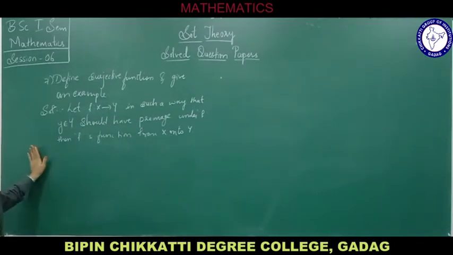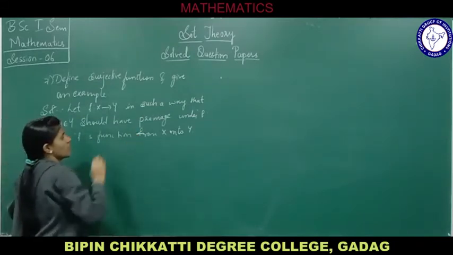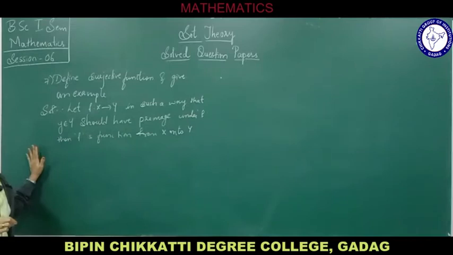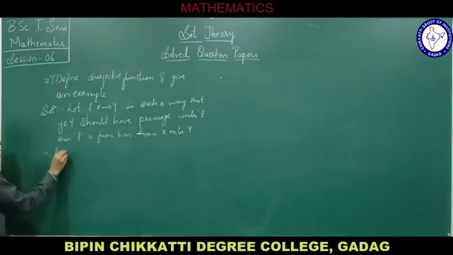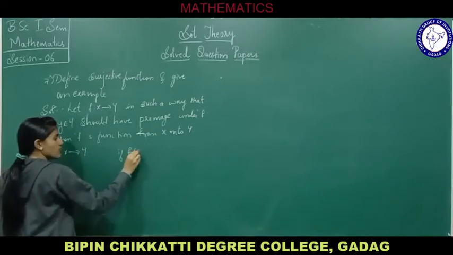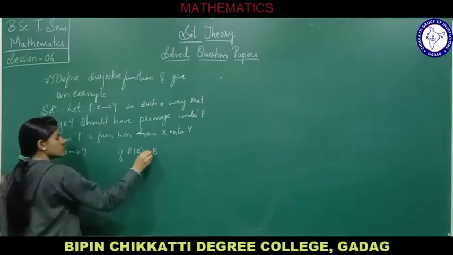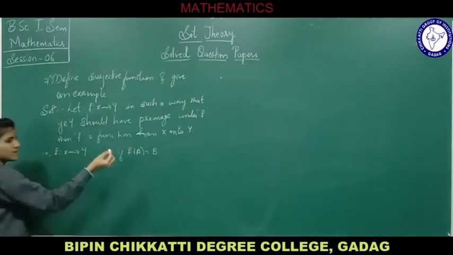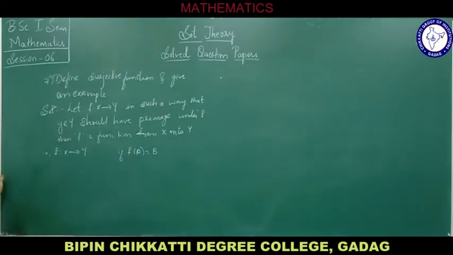Then we say that f is a function from X onto Y. That is how we are going to define it. That is, f is a function from X to Y if f of a is equal to b.